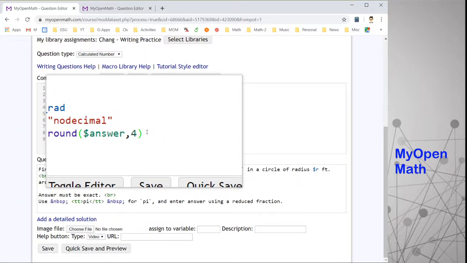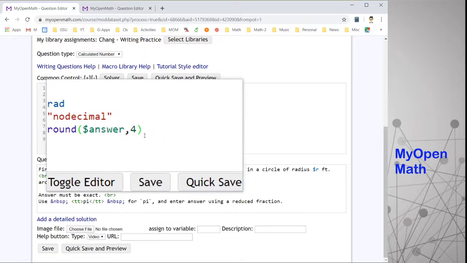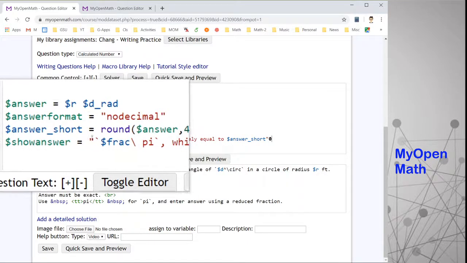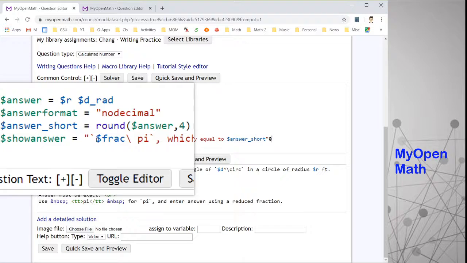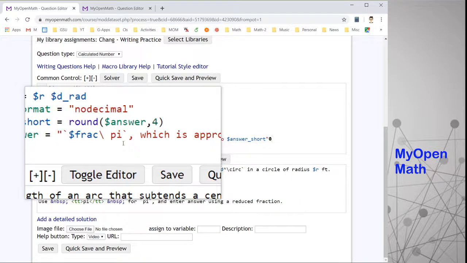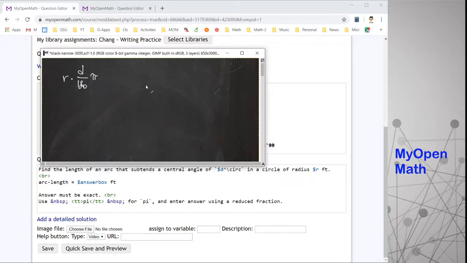Let me go ahead and write down the format of the show answer part. What you want to show here is a show answer of this. Actually, I did not prepare the frac part. Let me go ahead and do that. Let me use this tablet to explain the situation. D was the angle, and we converted it to radian mode, and we're multiplying this by the radius.